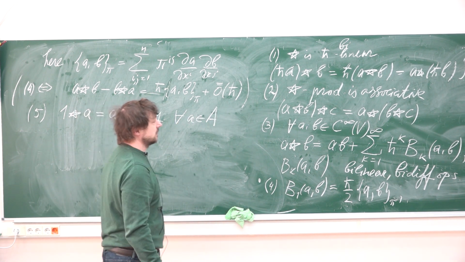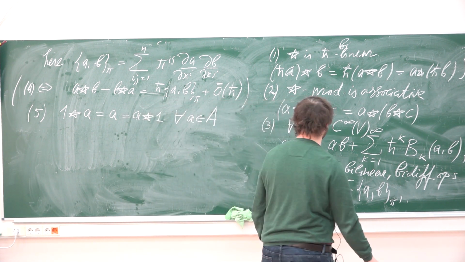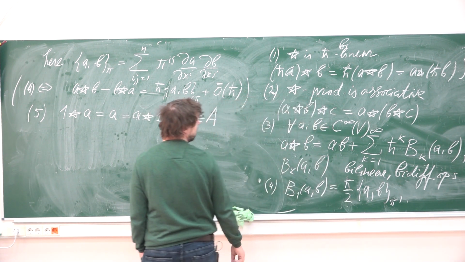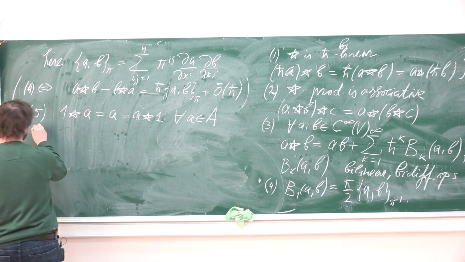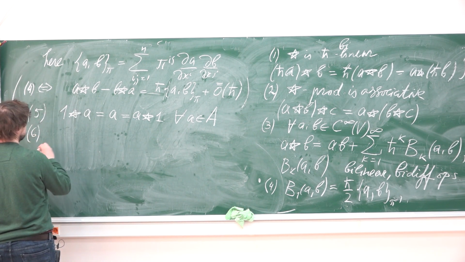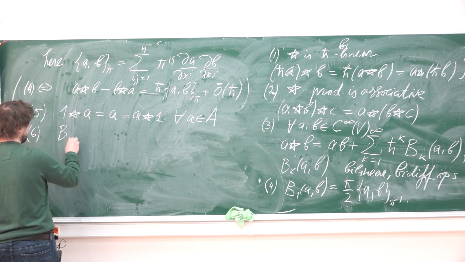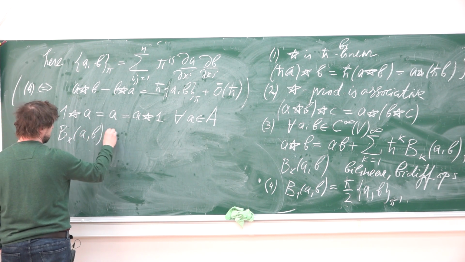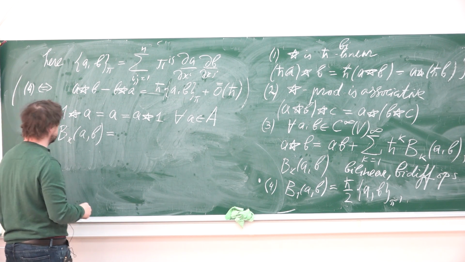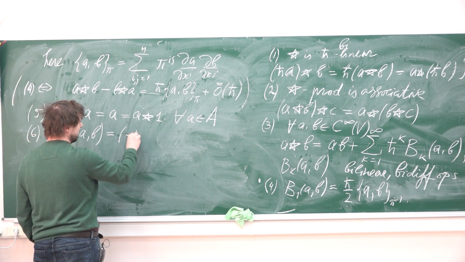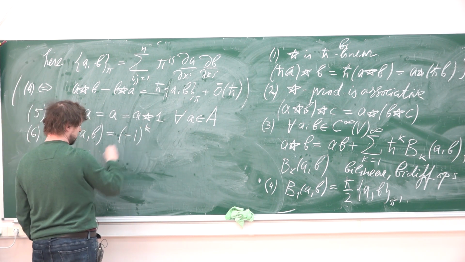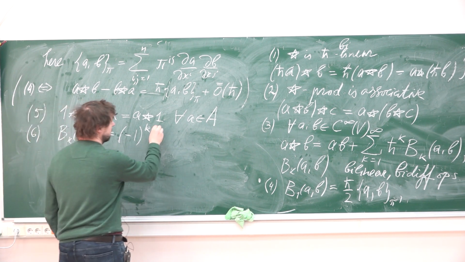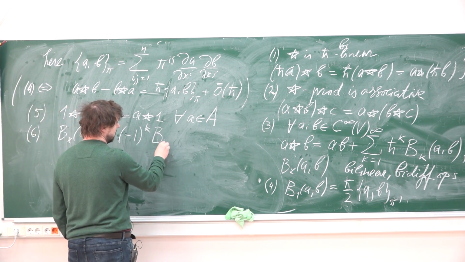A is this formal power series space, right? And number 6 is that B_k(A, B) is symmetric up to the sign. Namely, the sign is dictated by the index k.